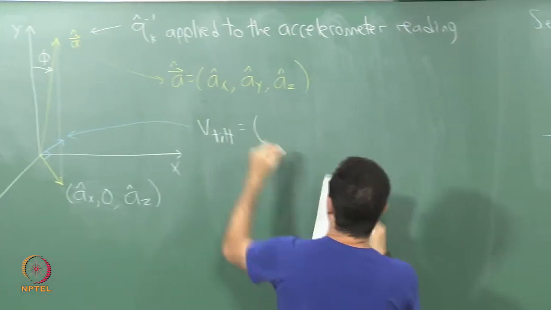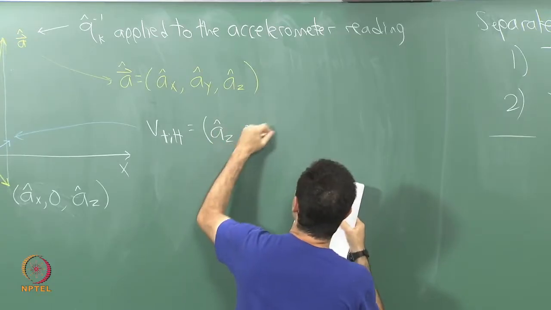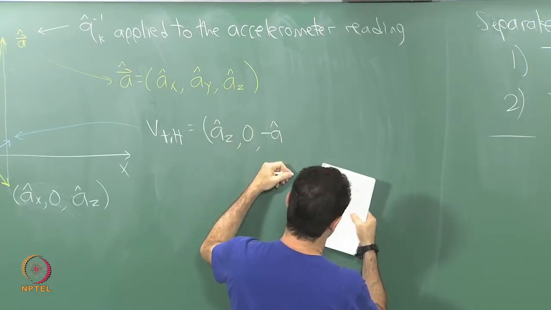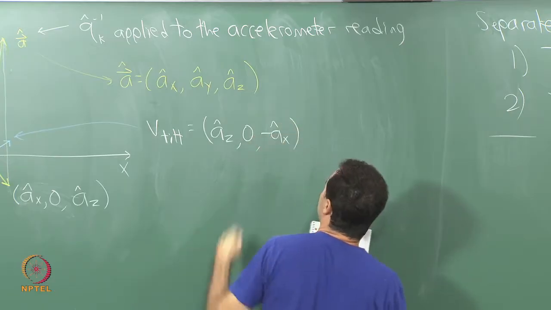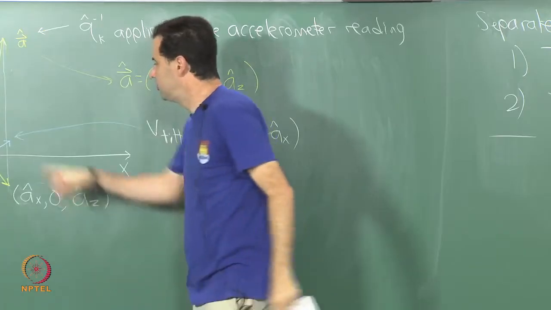That will be A z hat, 0, minus A x hat. I have to negate one of them in order to get an orthogonal vector. So this will be the tilt axis.